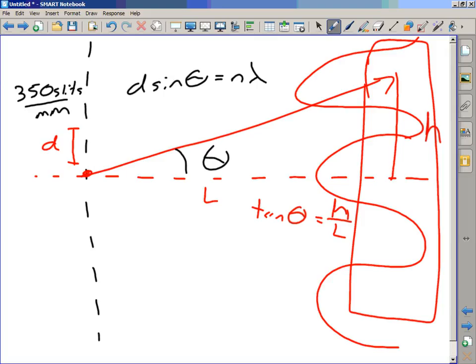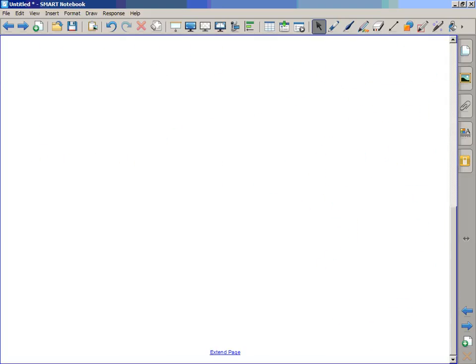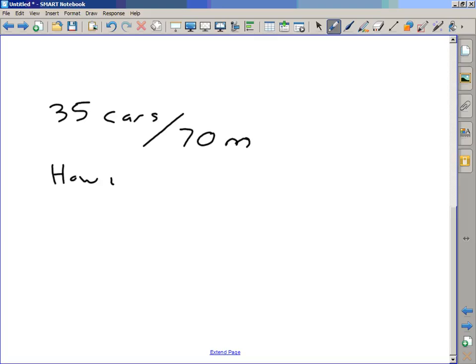This is the same thing as me telling you there are, let me scroll down to help you see what we're doing here, 35 cars for every 70 meters. What could you assume: how wide is each car?